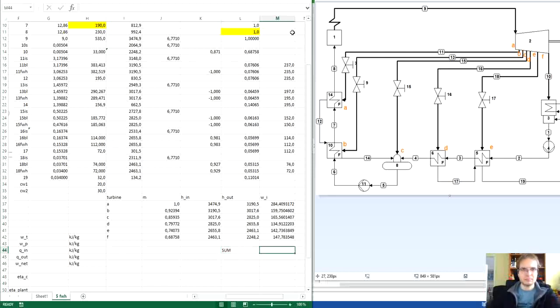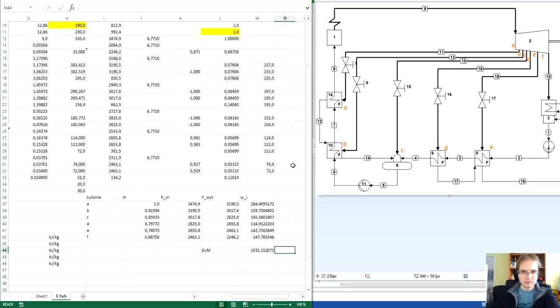And summing these up, we get work power output per 1 kilogram per second of the working fluid in node number 8 or at turbine inlet.